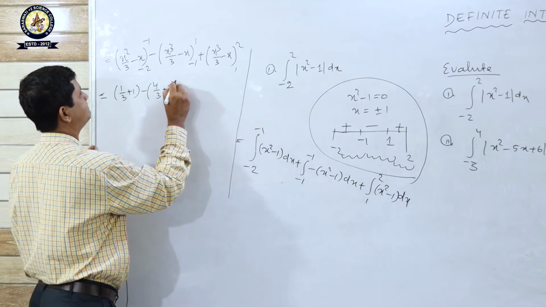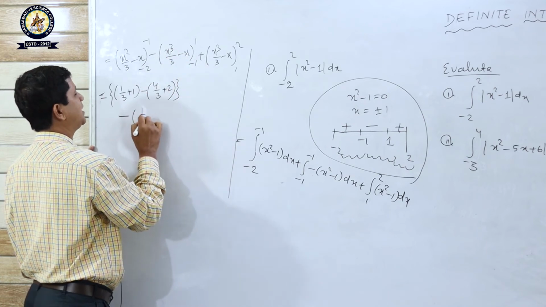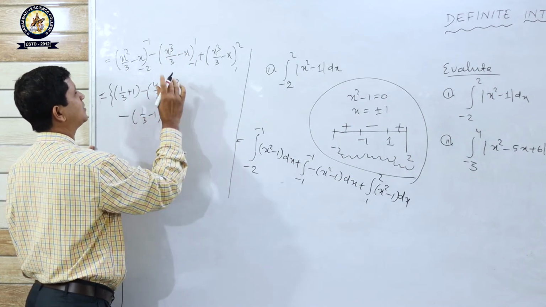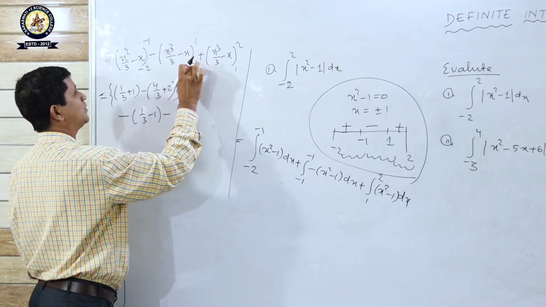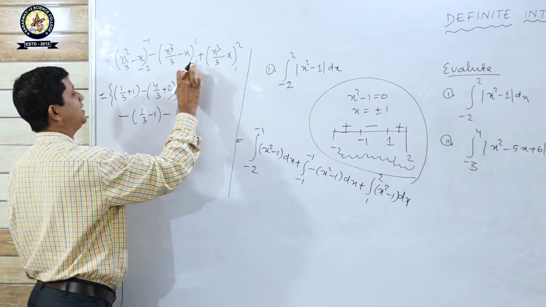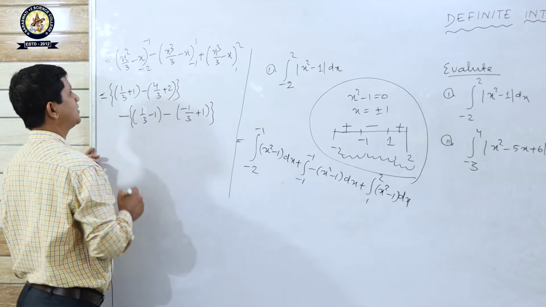Next, this is one bracket. Minus, you put the upper value: 1 by 3 minus 1, minus the lower value -1, whole cube is -1, so -1 by 3 minus of -1, plus 1. This is another bracket.